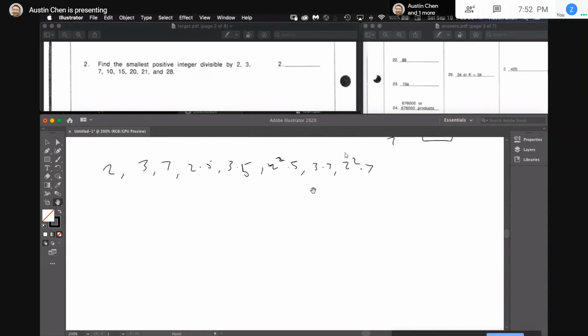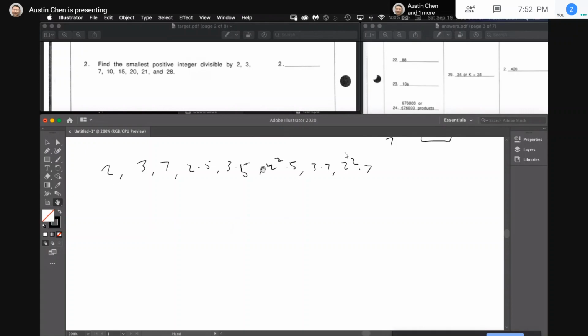And once you've prime factorized these, you want to look at all of the primes, and take the greatest power that any of the numbers have of each prime, and that will be the power of that prime in your least common multiple.